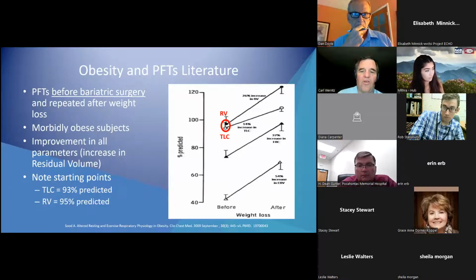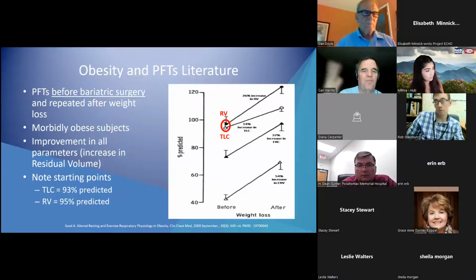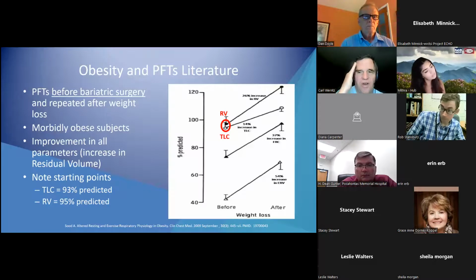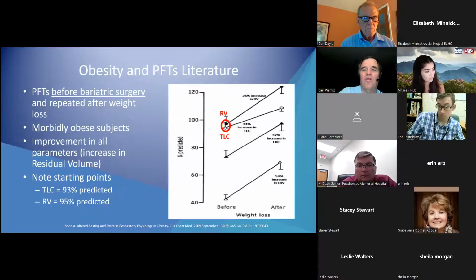A different article, still by Dr. Sood, followed a bunch of morbidly obese people across their getting bariatric surgery. There are a couple of things you need to look at. When people lose weight, the residual volume gets better, and their total lung capacity gets a little bit better.